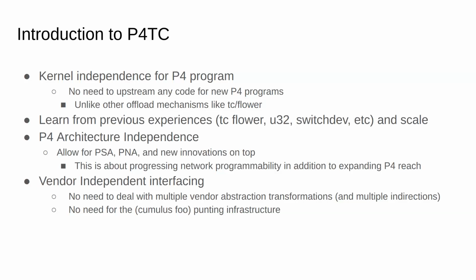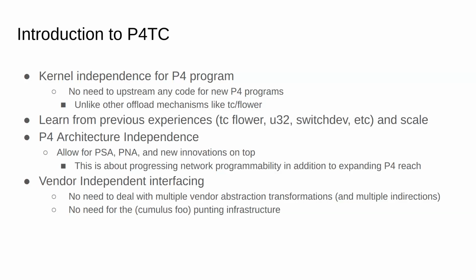We're going to learn from previous experiences. We are learning, I should say. For example, there are a lot of gotchas with TC Flower in terms of scaling, not just from the data path, but also from the control plane, right? Because it's a per interface approach.